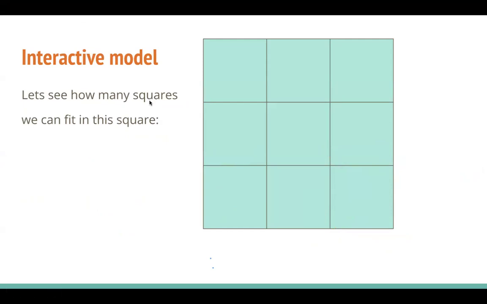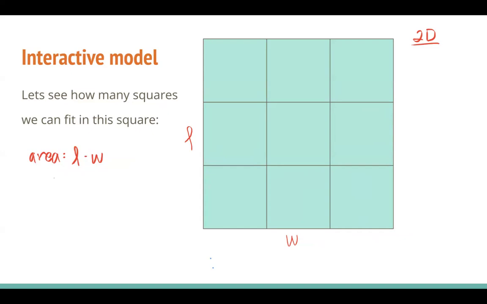Oh, okay. So let's go back to the square. This is a square. It's 2D, right? There are only two dimensions being used here, the length and the width. To find the area, you multiply the length times the width.